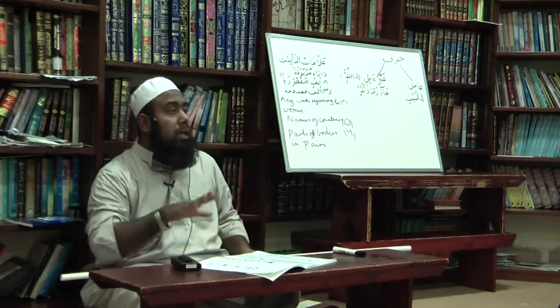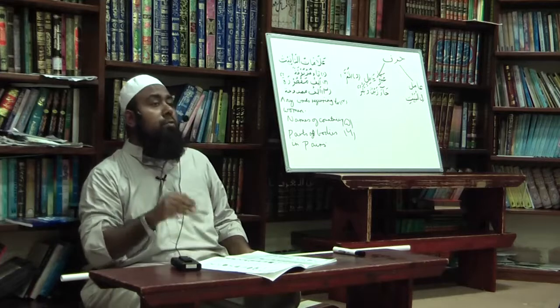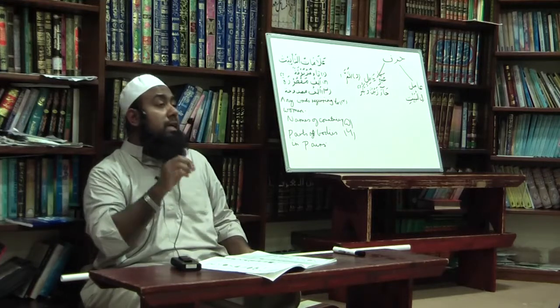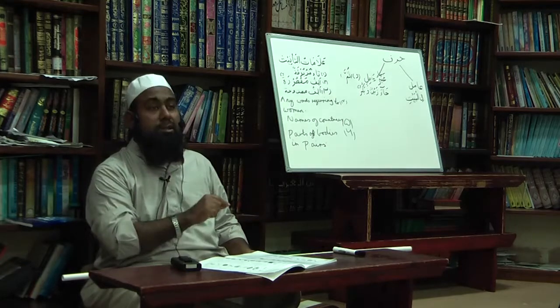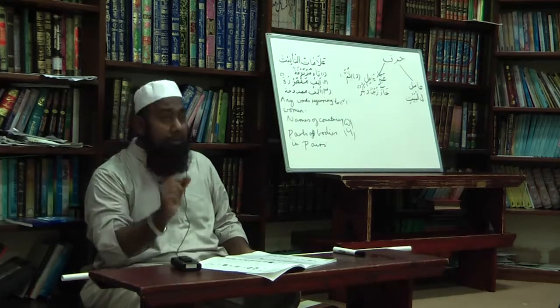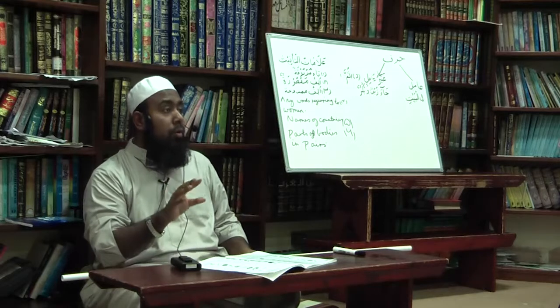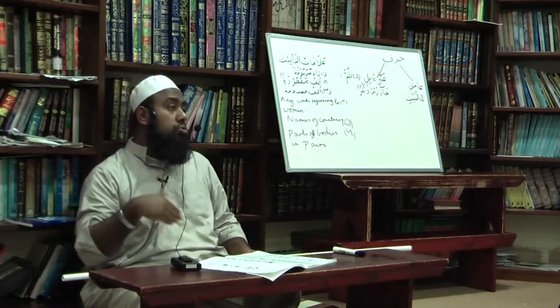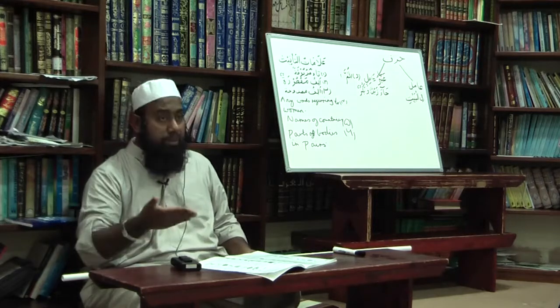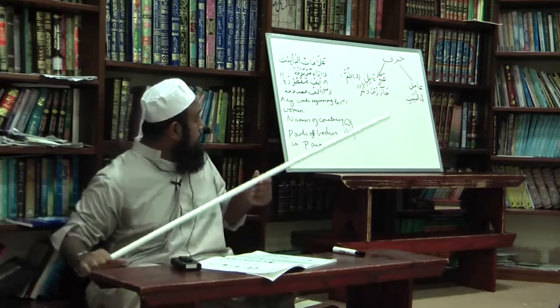Are we clear with that? By default, every word will be classified as masculine, unless there are certain signs that will tell you that it is feminine. Or because Arabs are known to use these words as feminine, which again I will explain.